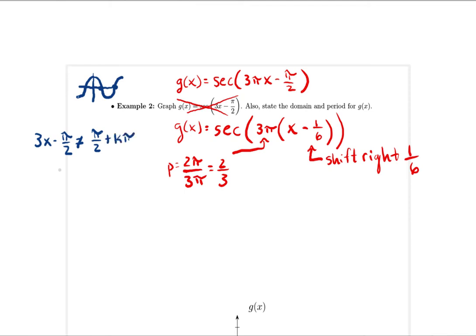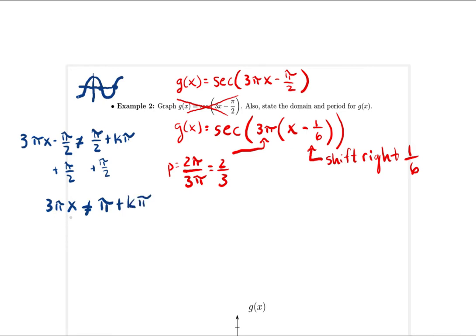All right, but we can solve this thing. So, oh, excuse me, 3x, I meant to say 3 pi x. I went back to my old problem for a second, excuse me. So 3 pi x. All right, and so I can add pi over 2 to both sides. So this is 3 pi x is not equal to, well, pi over 2 plus pi over 2 is pi plus k pi.